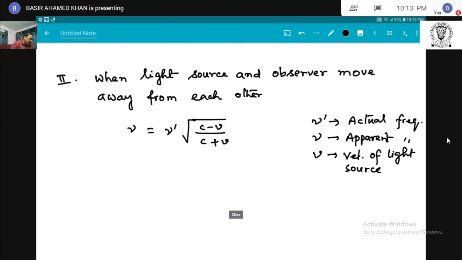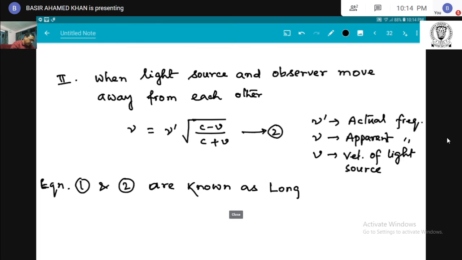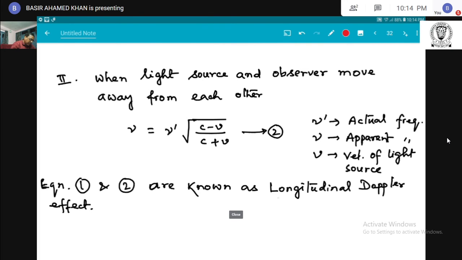When source and observer move away from each other or towards each other, equation 1 and equation 2 are known as the longitudinal Doppler effect.